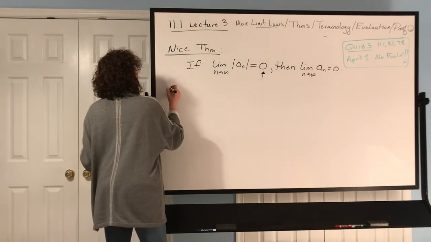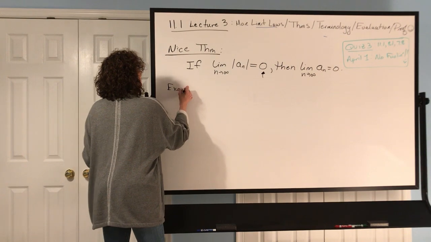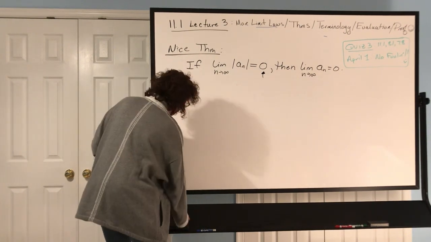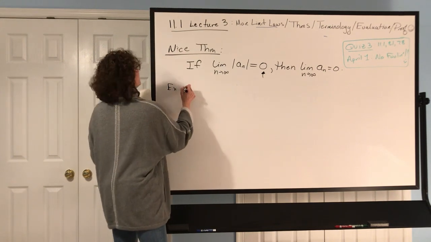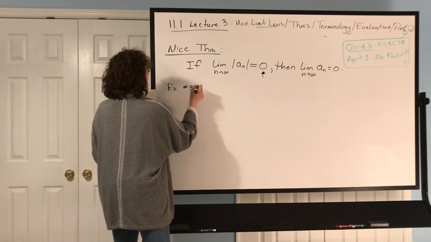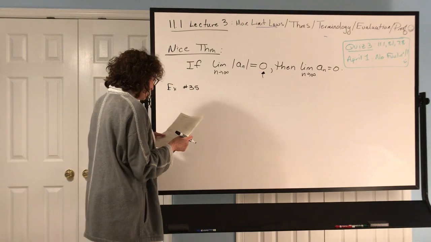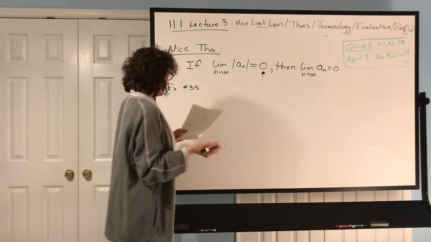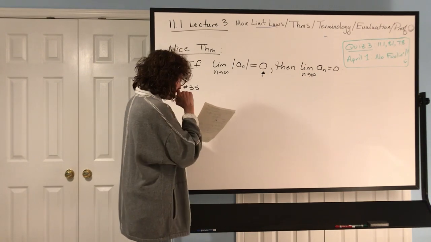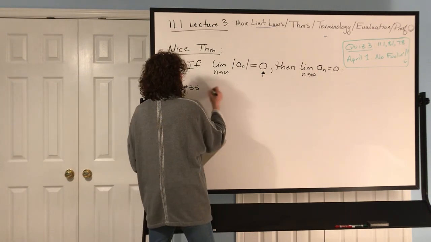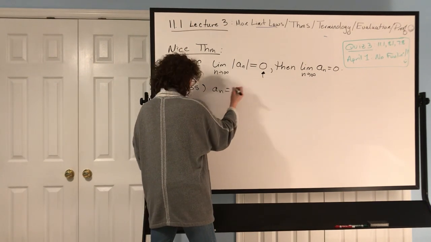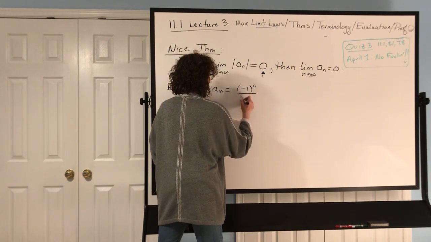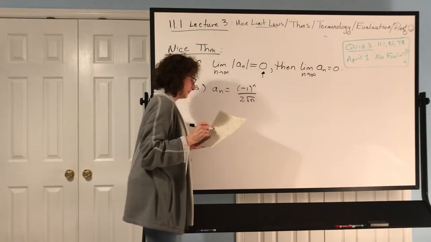Let's look at an example, and we're going to do one of your homework problems. Yay! Exercise number 35 in section 11.1. Also a web-assigned problem. So for this problem, we've got a_n is (-1)^n divided by 2 root n, okay?